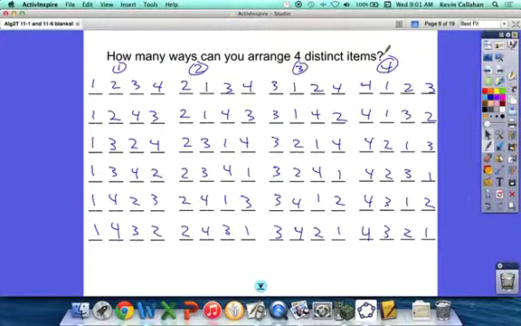And in fact, the 6 are organized into 3 groups of 2, right? So it's actually 4 times 3 times 2, which is 24. So you want to figure out how many ways you can arrange 4 distinct items. It's actually 4 times 3 times 2, 24.